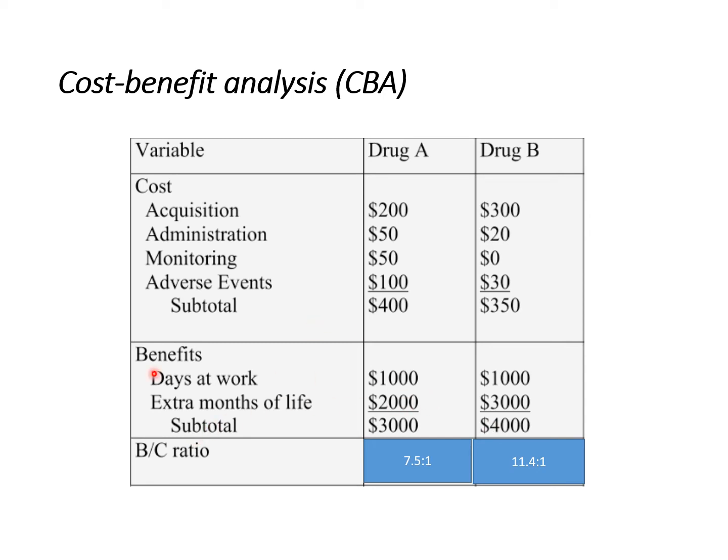Now the total benefits for drug A are $3,000 and the total benefit from drug B is $4,000 after being converted to monetary values.